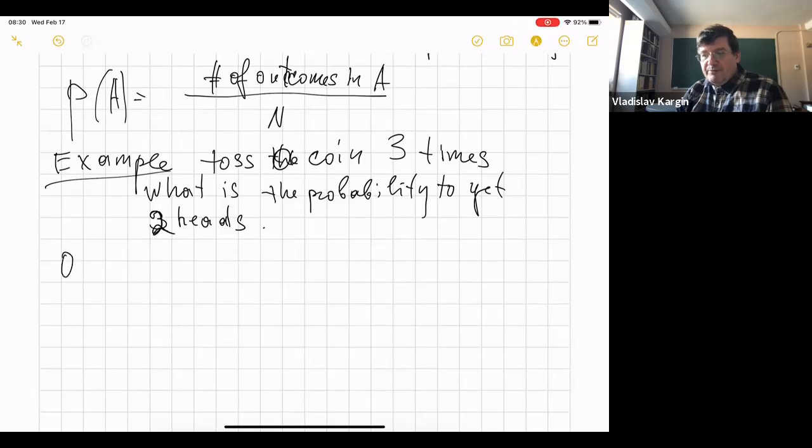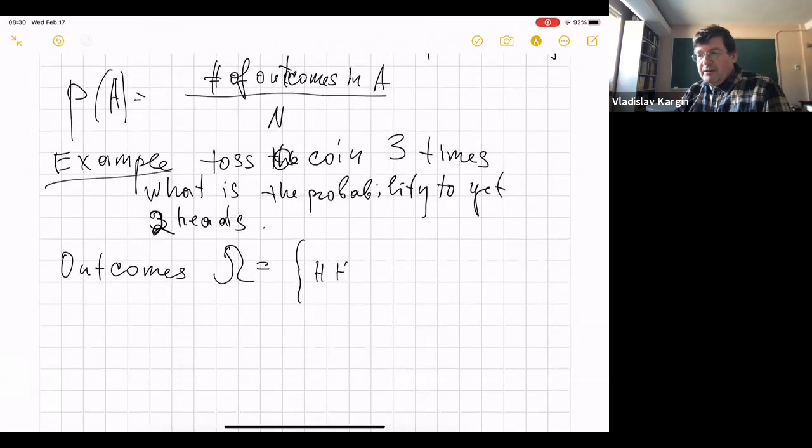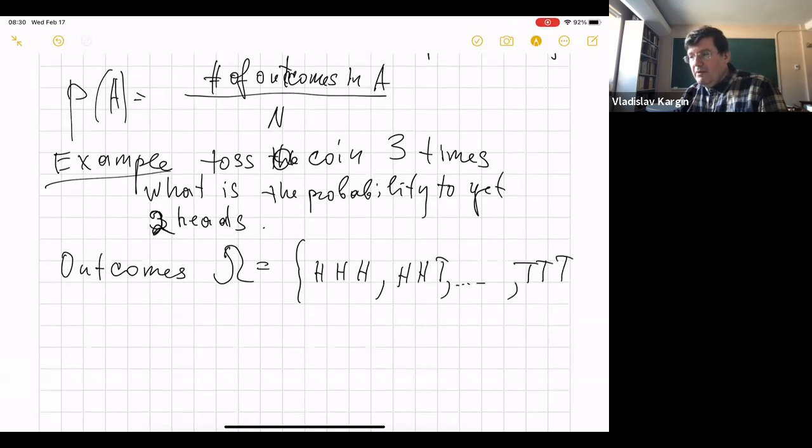Head, head, head is one possibility, head, head, tail is another possibility, and so on, up to tail, tail, tail. These are all the possibilities. It's easy to count how many.